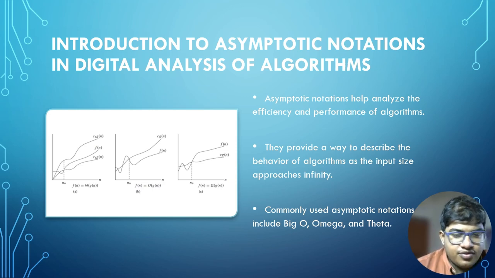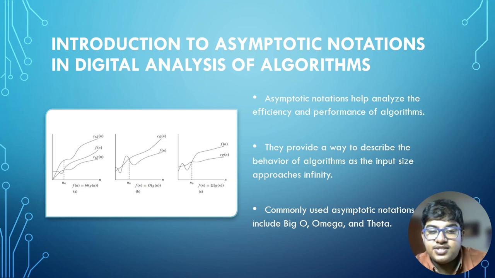If you see the diagram here, the top line and the bottom line represent the higher and the lower values, and the middle line represents the function.